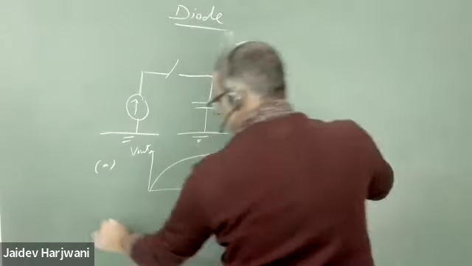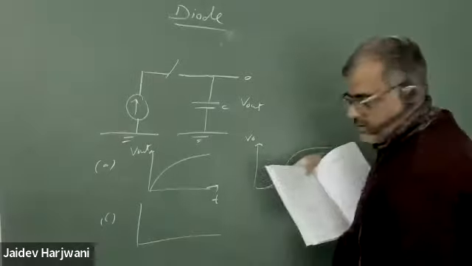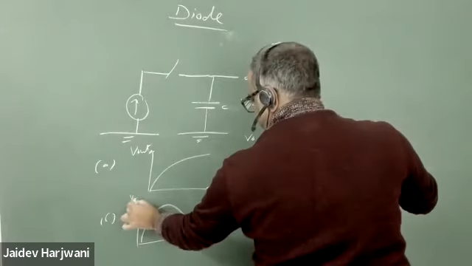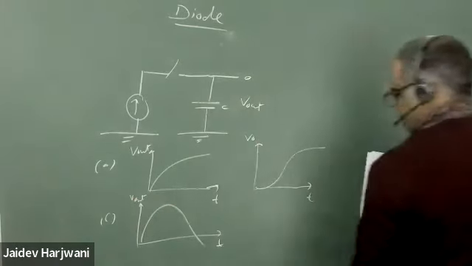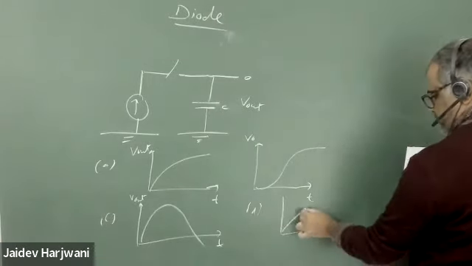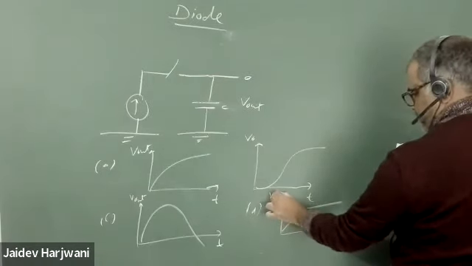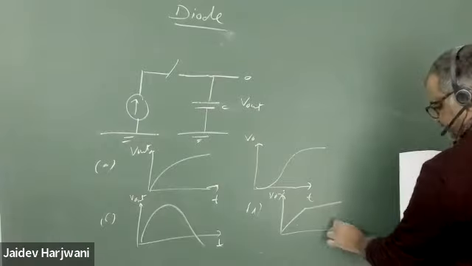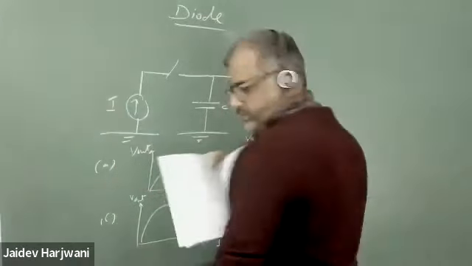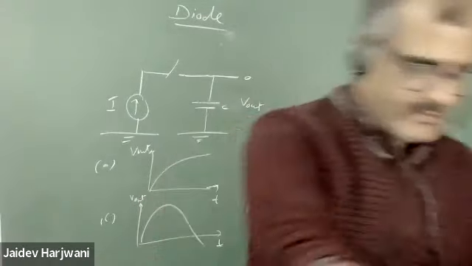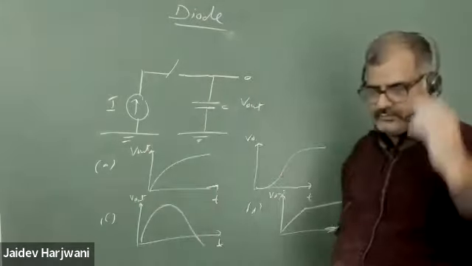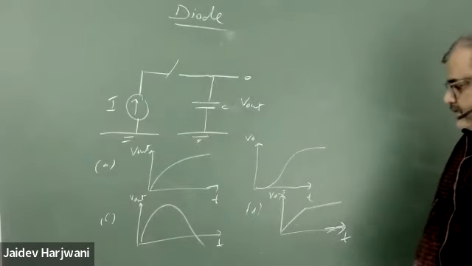C, they have given V output versus T, and option D, they have given V output versus time T. So which is the correct option?